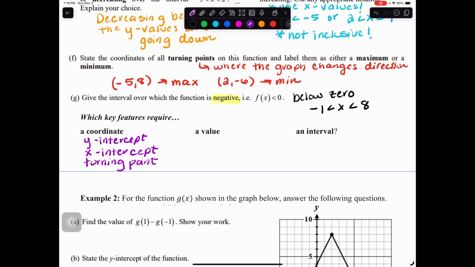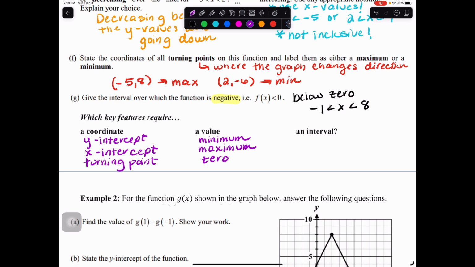The key features that require just a value were the ones we started with, minimum and maximum, but also the 0 or zeros. Remember, those were only the x values. That was a single value.